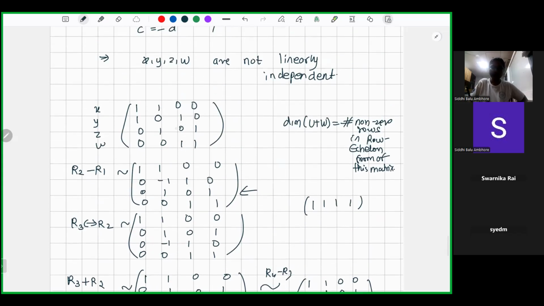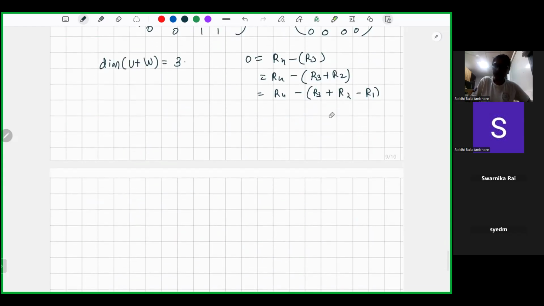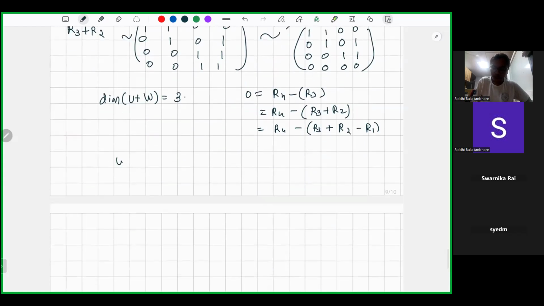Addition of these two will give me entire 1 minus R1. That's true actually. So R4, that is, W is equal to Y plus Z minus X. Or W is equal to Z plus Y minus X. Yeah, this is what we have.